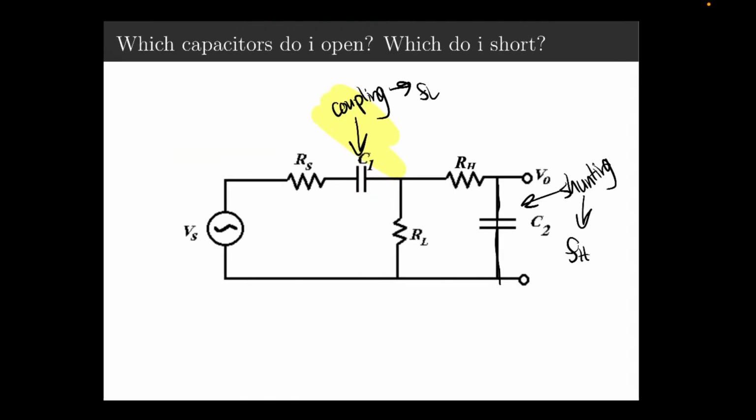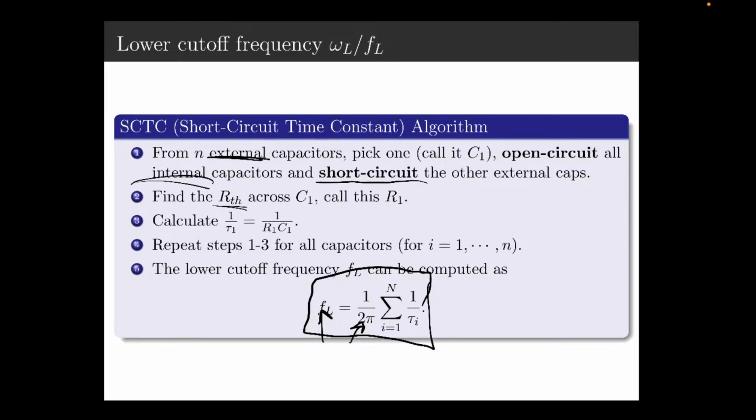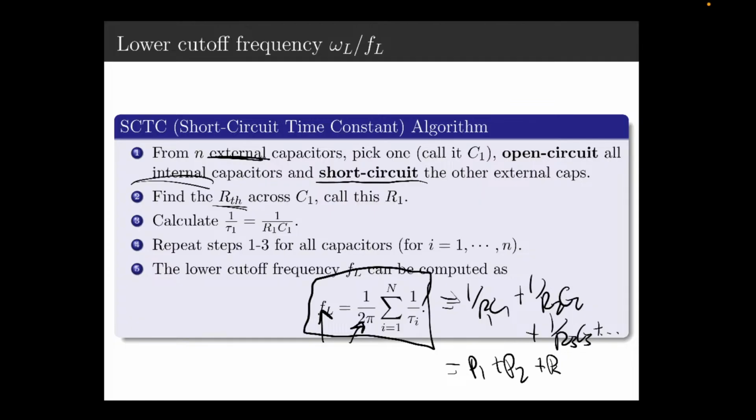by calculating these poles. Because our equation here, which is essentially just going to be 1 on R1C1, plus 1 on R2C2, plus 1 on R3C3 and so on, is just going to be equal to pole 1 plus pole 2 plus pole 3.